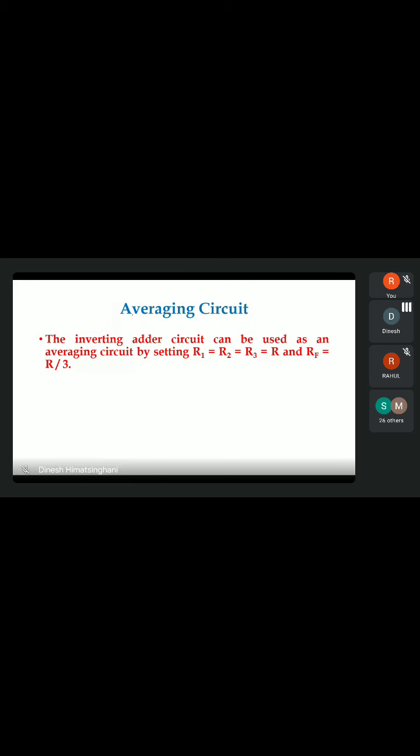Okay. How do you make this circuit an averaging circuit? You have R1, you have R2, you have R3. What you do is make R1 equal to R2 equal to R3 equal to R. So all these three resistances are equal and your RF is R by 3.